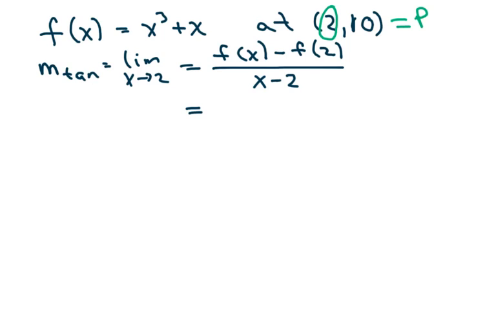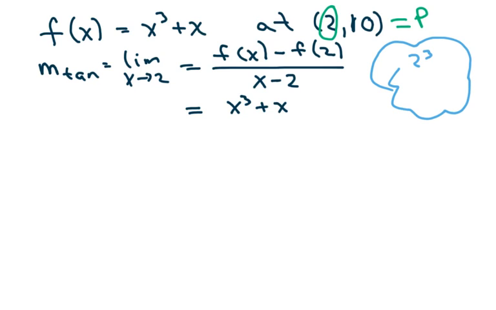And what we're going to get is f of x is x cubed plus x, and then out in the cloud here, I'm going to plug in 2, and you get 2 cubed plus 2, and that's going to give you plus 10 over x minus 2.